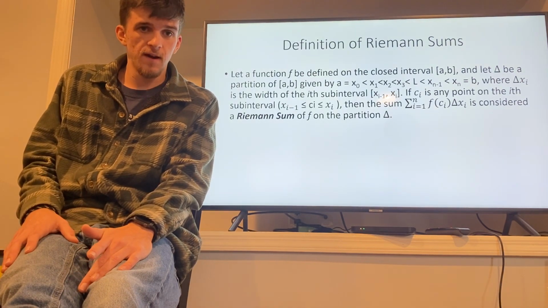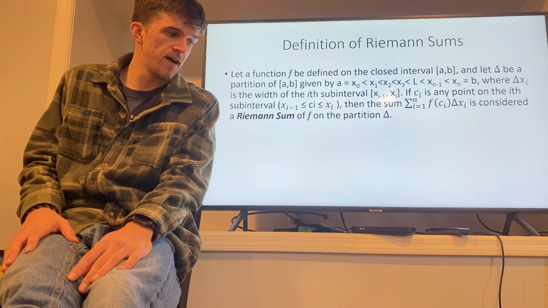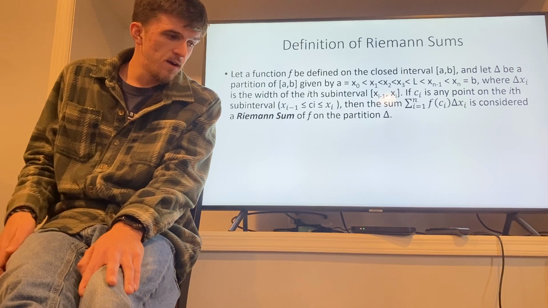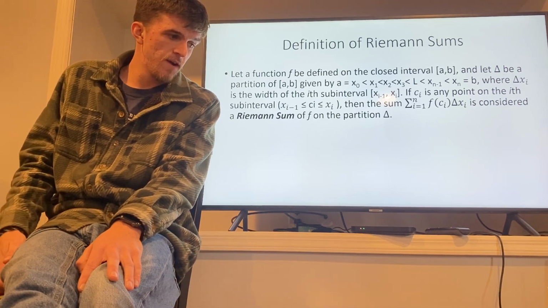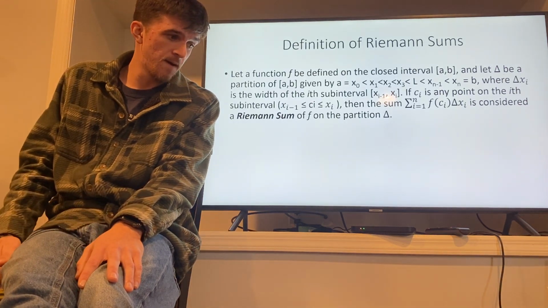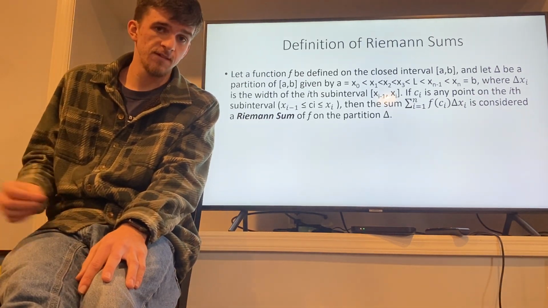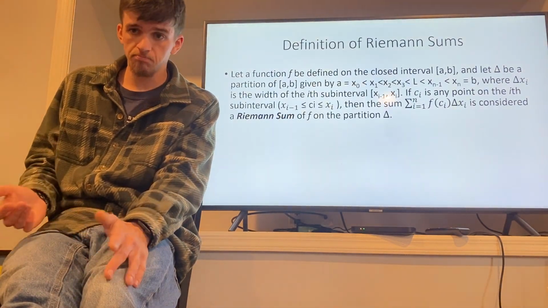So if c sub i is any point in the ith subinterval, then the sum of n terms, starting with 1, of f of ci times the width delta xi is considered a Riemann sum of f for the partition delta.